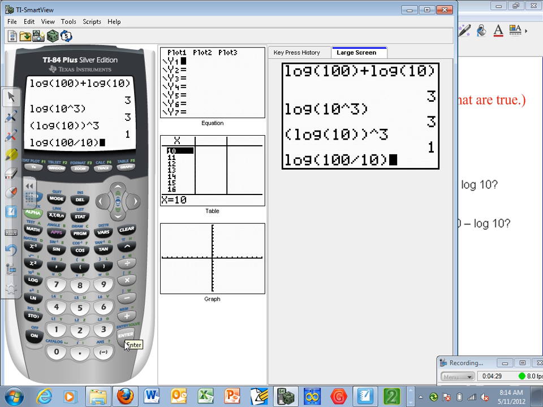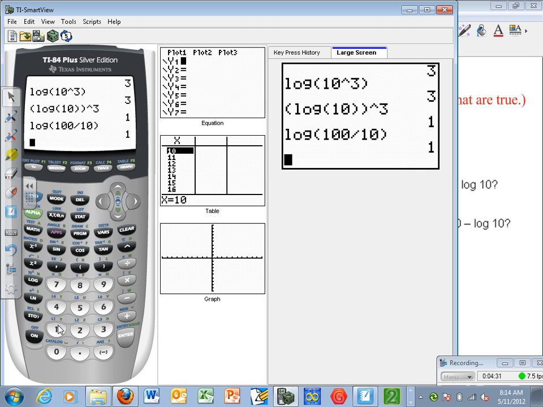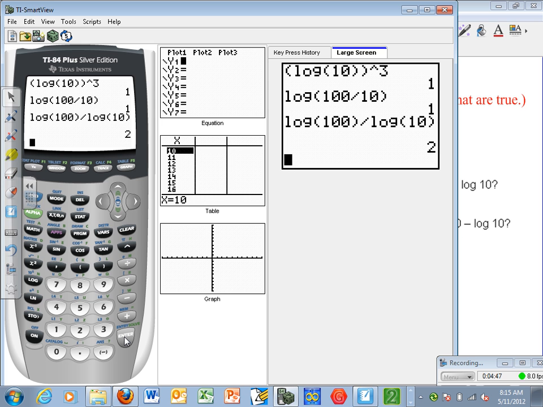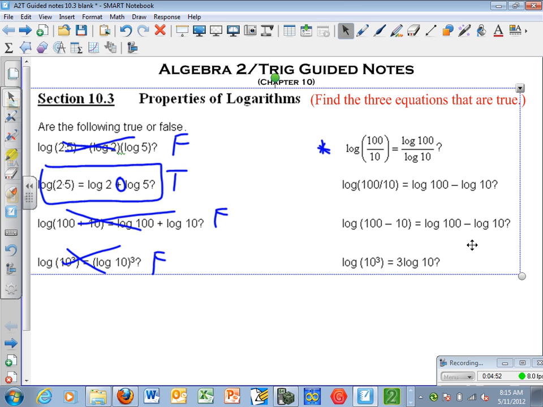Let's see what that is. That's 1. Does that equal the log of 100 divided by the log of 10? And we got 1 and then 2, so they're not equal. So that doesn't hold true. So that's false. That one's not true.